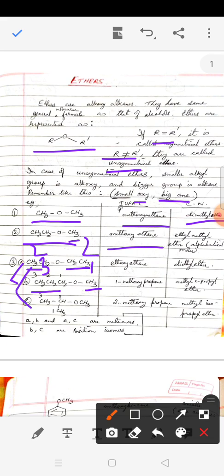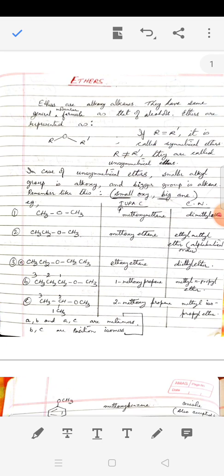And here again these two, when both have 3 and 1 distribution of carbon, then they are position isomers. As you can see, one is 1-methoxypropane, the other is 2-methoxypropane. So please remember, 1, 2, A B and A C, they are metamers, whereas B C are position isomers.